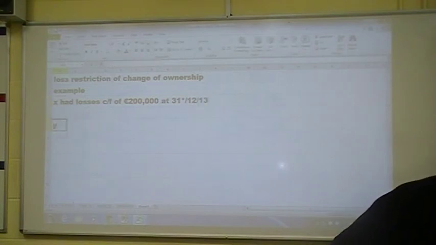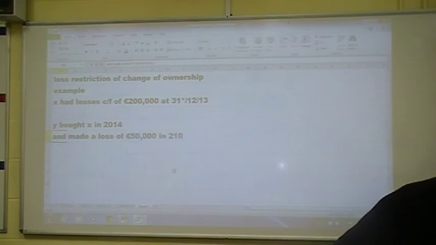Y bought X in 2014, and made a loss of 50,000 in 2014.